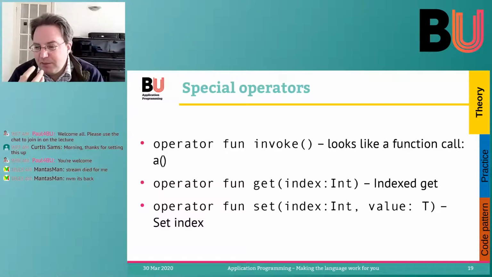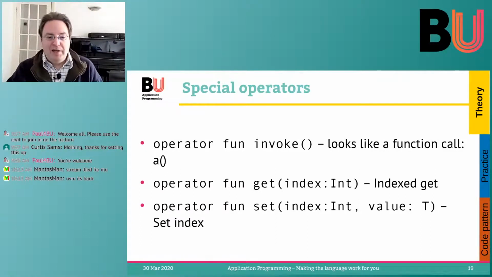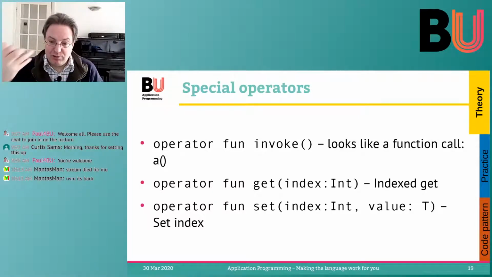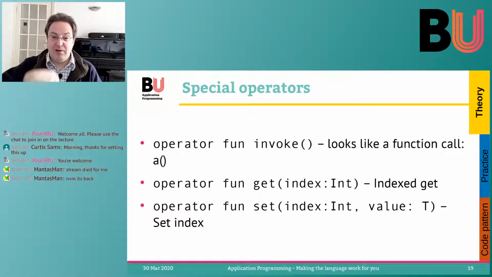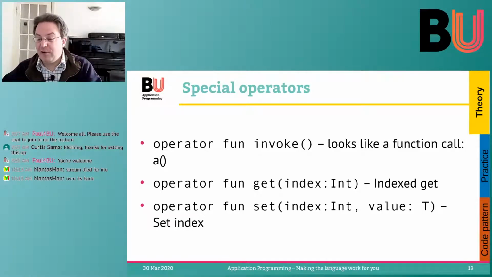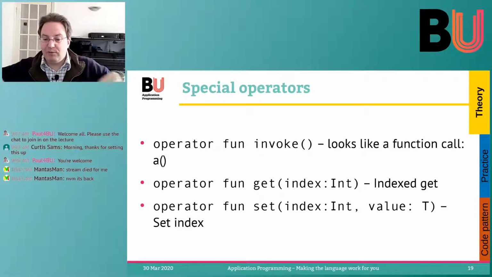In Kotlin, because these operators can also be defined as extension functions, if you have a SAM interface, you can write an extension function that has the operator fun invoke, that then calls this, so that using this extension function you make calling the name of that particular interface's method completely disappear from your code.